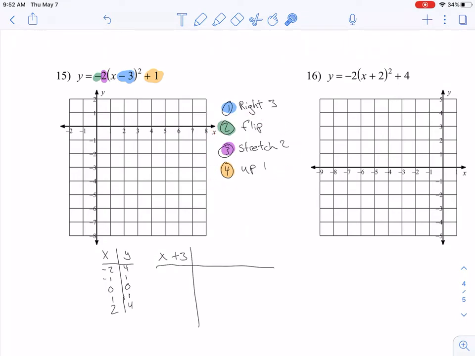And so an easy way to do this is to look up here, and we can replace our parentheses with a y. So -2 times y plus 1. We have our flip, we have our stretch of 2, and we have our up 1.